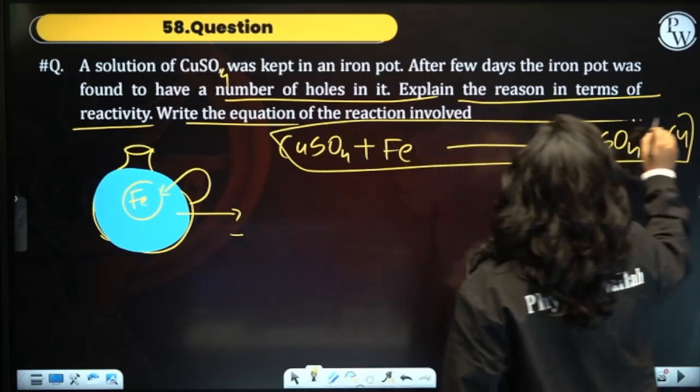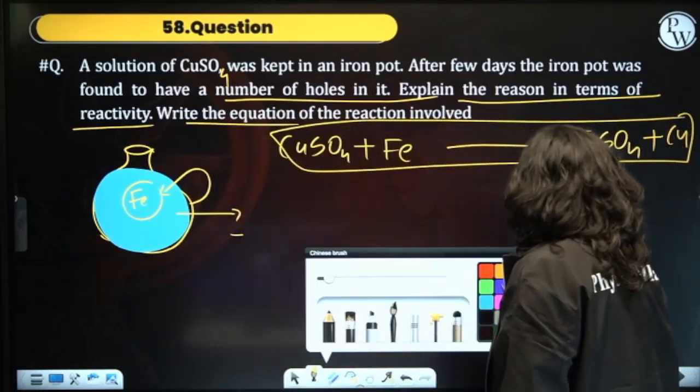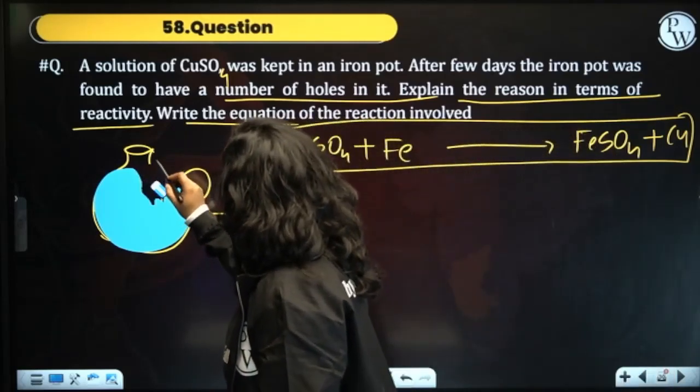Where did all the Fe in the pot go now? It went into the solution. All the Fe is involved in the solution.